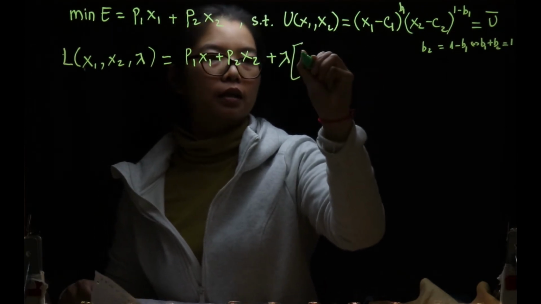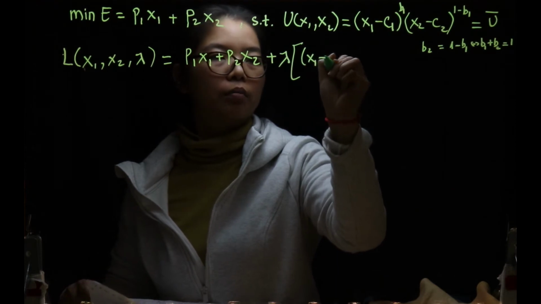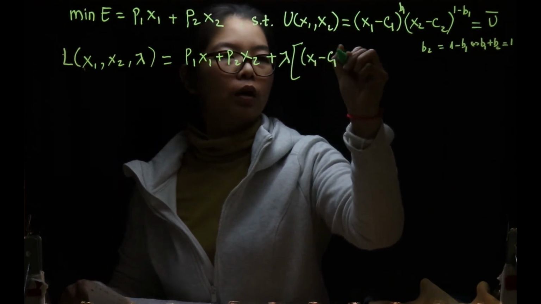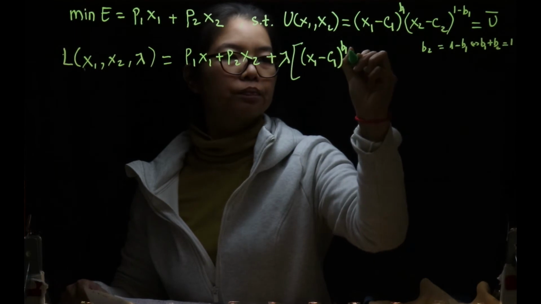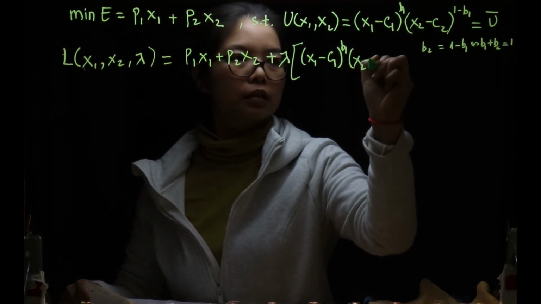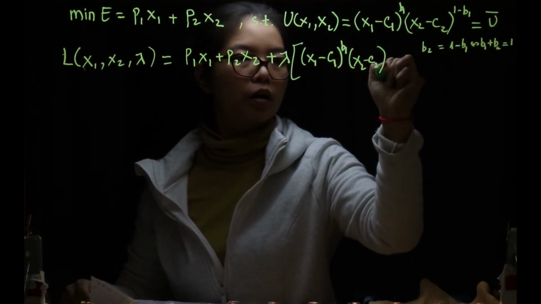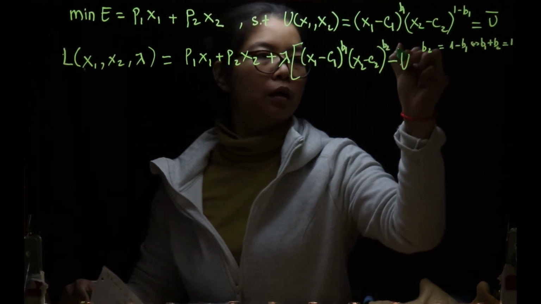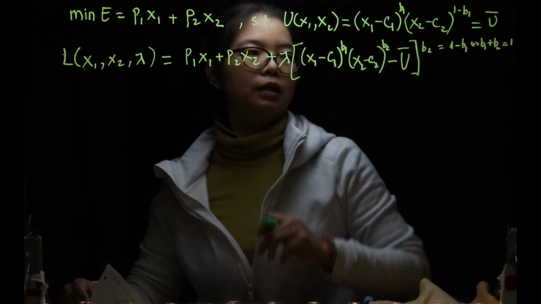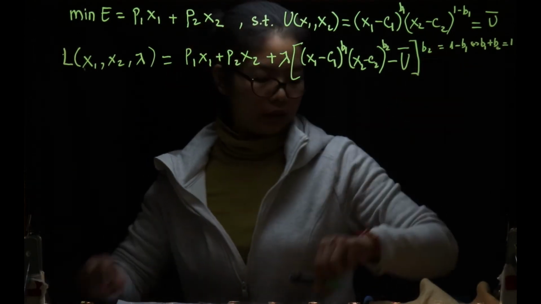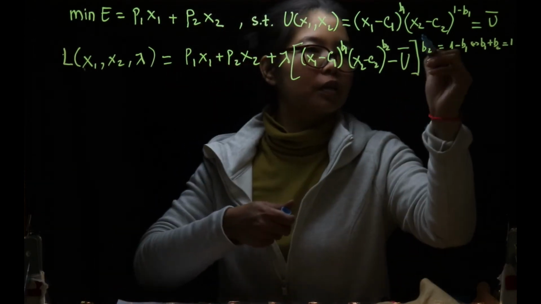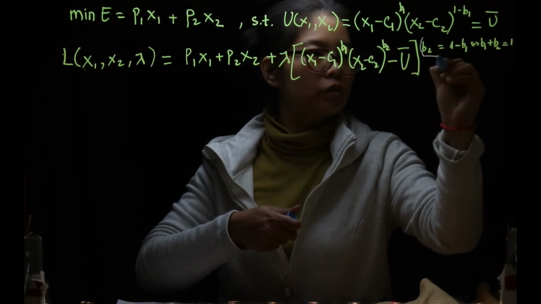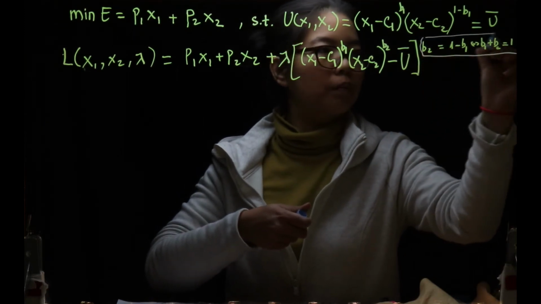So let's say in this case it is x1 minus c1 to the power b1 times x2 minus c2 to the power of b2, minus the constant, right? Let's mark it separately over here so that we don't mess it up somewhere.